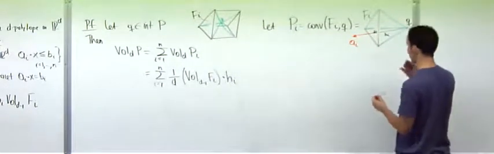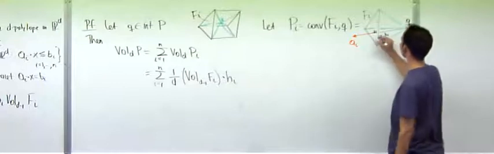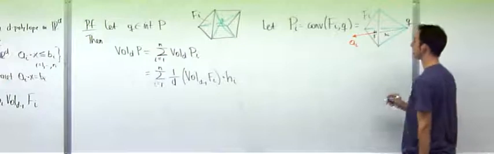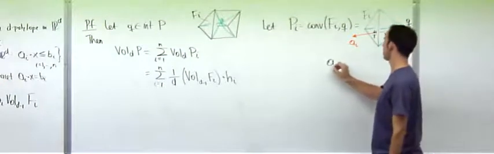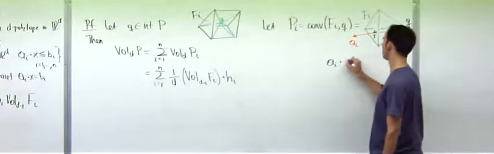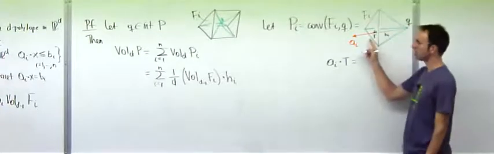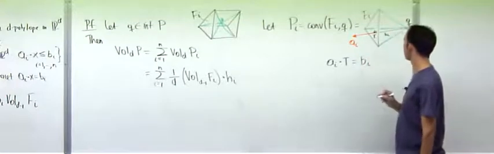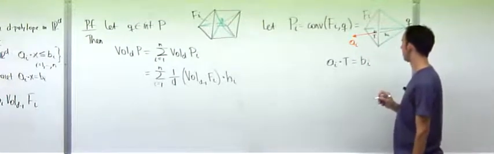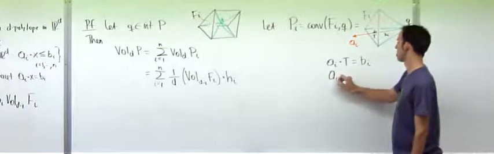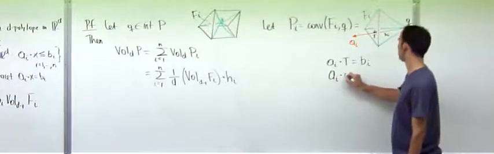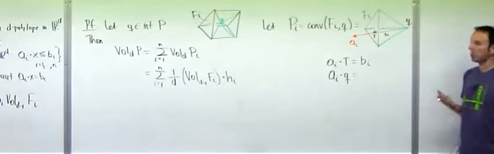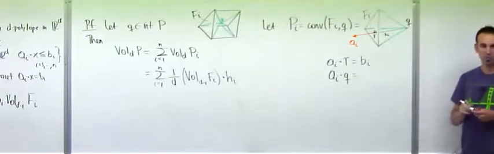Let's give some names to things here. So let's say that this point here is t. Okay. So ai dot t is equal to what? Well, this is the facet, so this is equal to bi. Okay. What is ai dot q? We don't really know because q we just picked to be some random point.